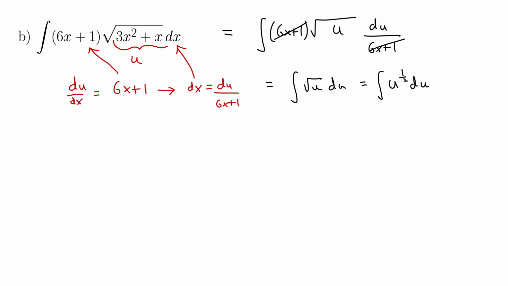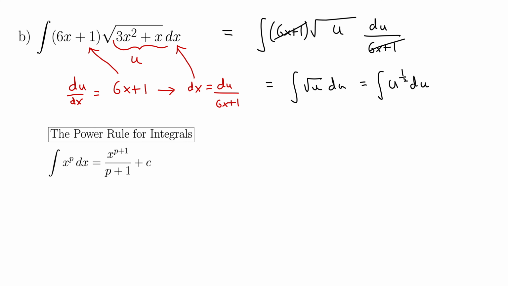From here we use the power rule for integrals, which tells us when we're integrating x to a power, we add 1 to the power and then divide by that power plus 1. So in our case, the integral of u to the 1/2 du becomes 2/3 u to the 3/2 plus c. I added 1 to the power of u to get 3/2 and then divided by 3/2.